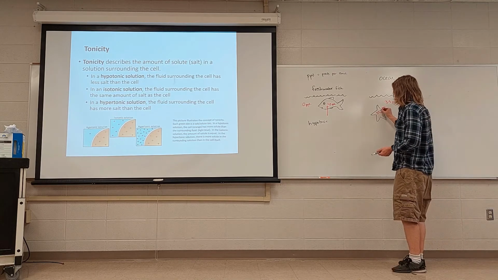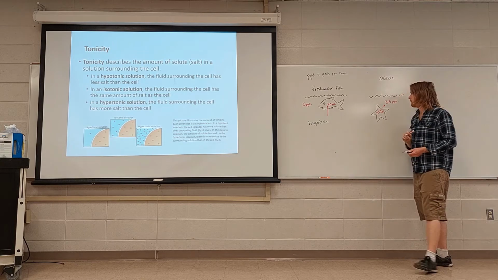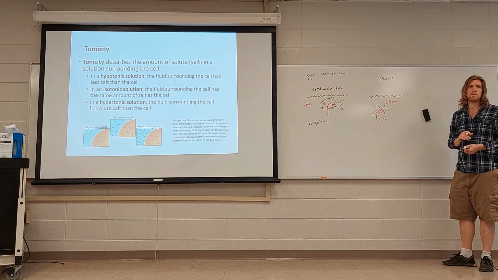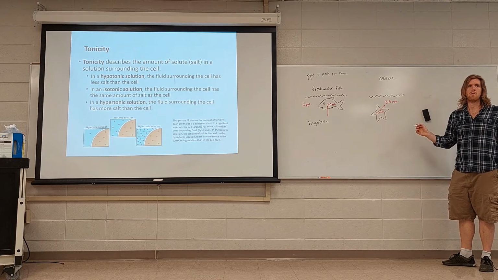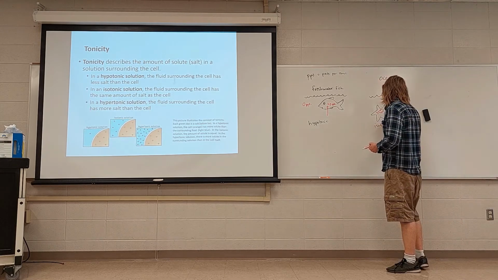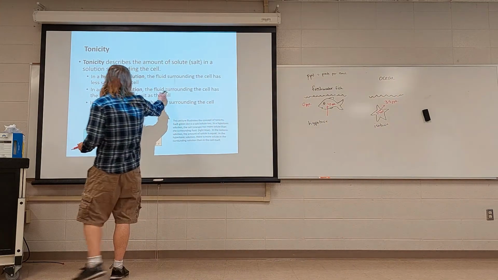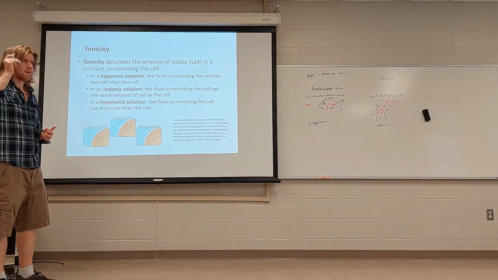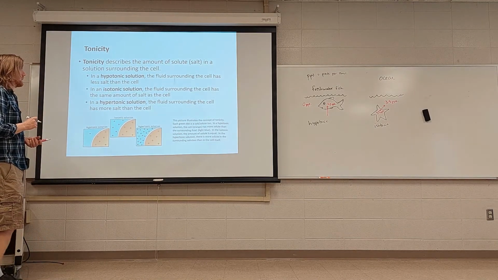So, water is moving in and out of the starfish, but it's moving equally both directions because we're at equilibrium already. And when you're at equilibrium, you are in an isotonic solution. The fluid surrounding the cell or organism has the same amount of salt as the cell itself.